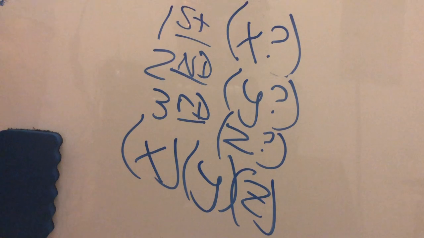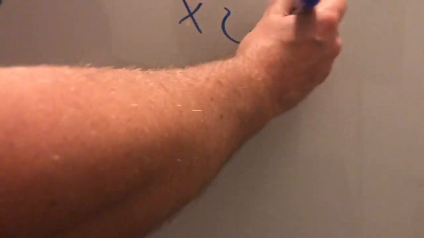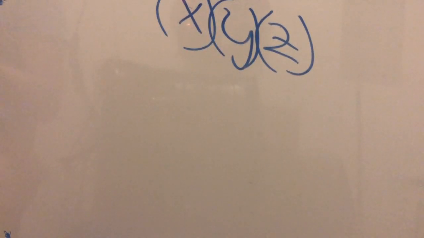Now, here's an example. Here's our first little example we're going to work with for X, Y, and Z. It says there are 3 choices. Remember, X is the first one. In our example, we have 3 choices for the first letter.